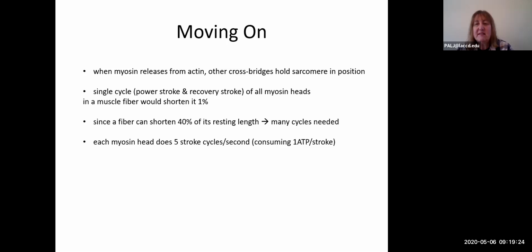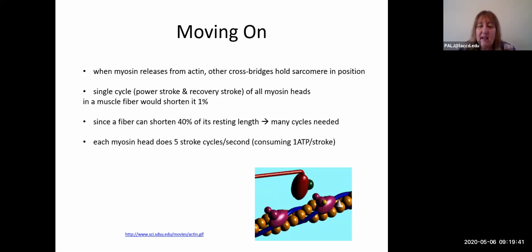Okay, and going back to how fast this happens, each myosin head can do the power stroke, have a new ATP bind, do my recovery stroke, ready again, power stroke, new ATP bind, recovery stroke. It can do that 5 times per second.